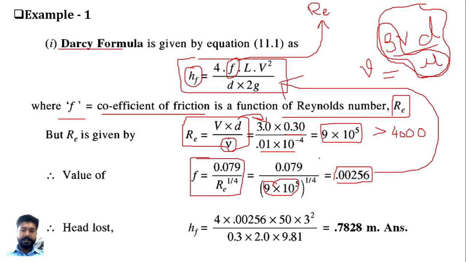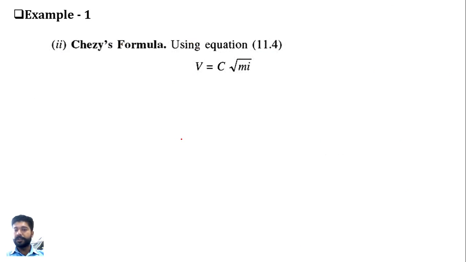By putting the values: 4, f, L is 50, V is 3, D is 0.3, 2 into 9.81, that is gravitational acceleration. So this one is your head loss due to friction. Head loss is 0.7828 meter. This is your frictional head loss by using this Darcy-Weisbach equation.